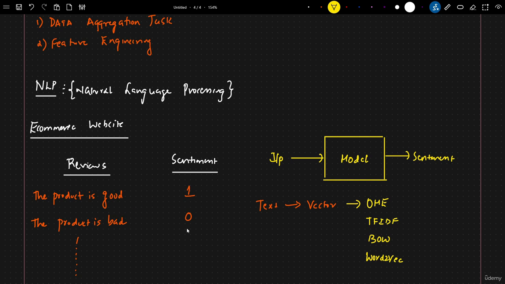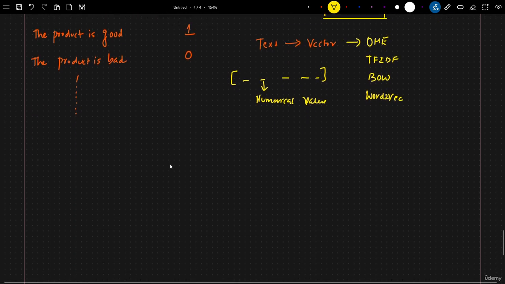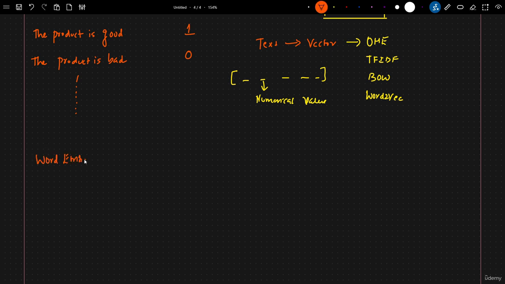When we convert all these words into vectors, every sentence is represented as some number of vectors, and these vectors are nothing but numerical values, and we can use these numerical values to train our machine learning models. For right now, just understand this much. Now let's consider one very good example of converting text into vectors, which is also called word embeddings.